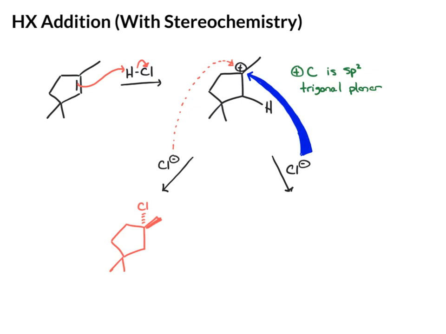And now when I draw the product for this, I'm going to again keep all the carbons of my ring in the plane. The Cl will be on a wedge, and then this methyl group, which is the fourth group, will end up getting pushed to the back. And we get that product. So here we have attack from the front. Here we have on the left attack from the back.